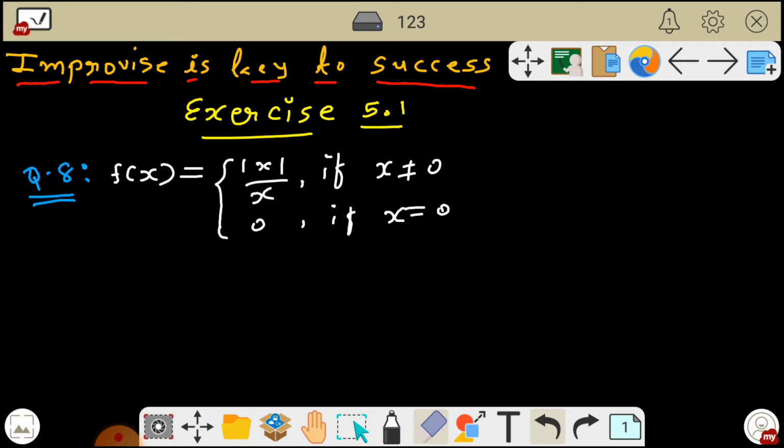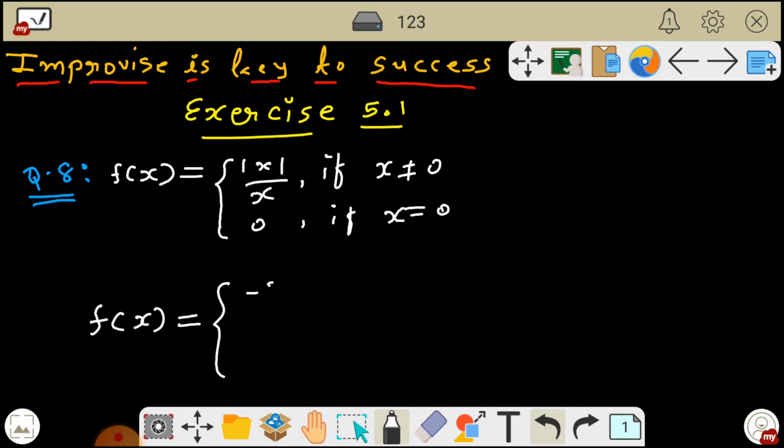So let us write our function again. So we can write f of x is equals to, we have three values.